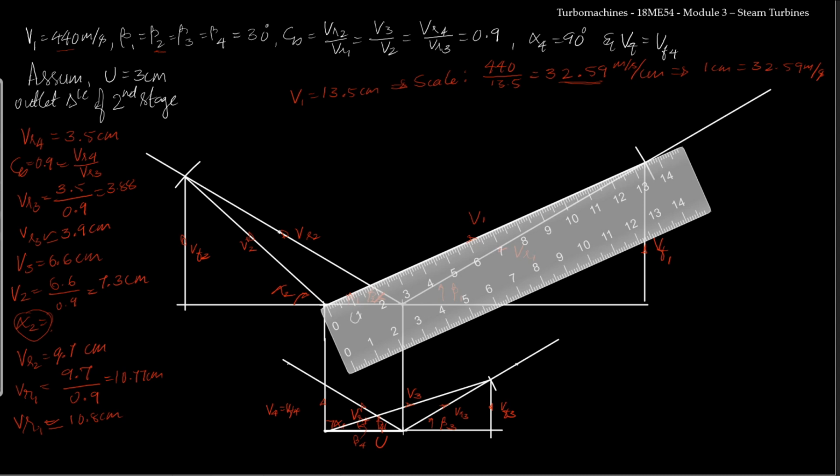So now we had assumed a length of 3 centimeter for u. So the value of u will be equal to 32.59 into 3, which is 97.77 meter per second.